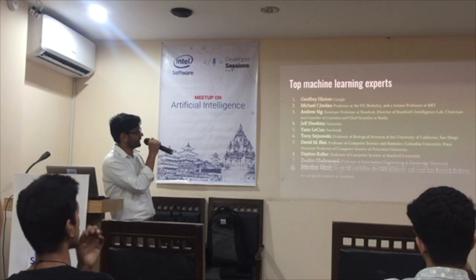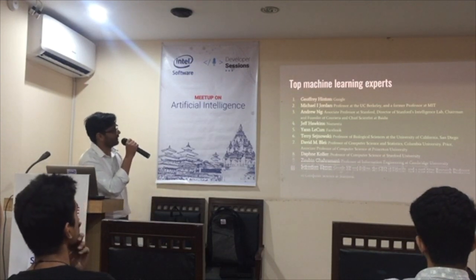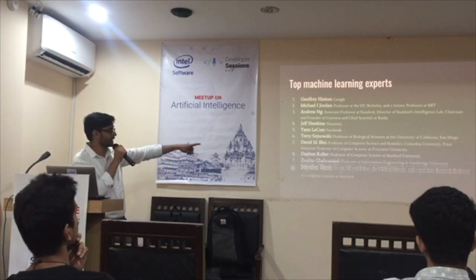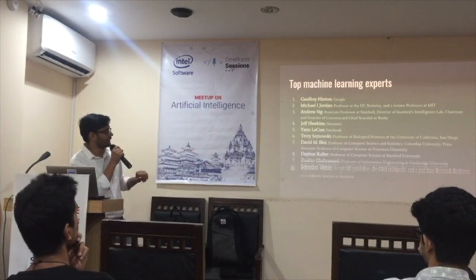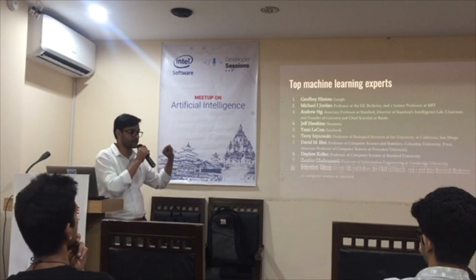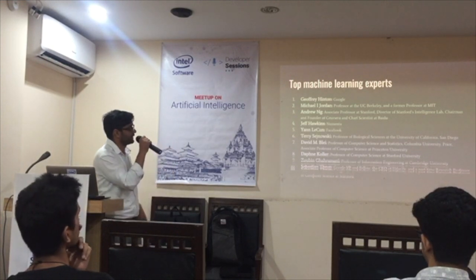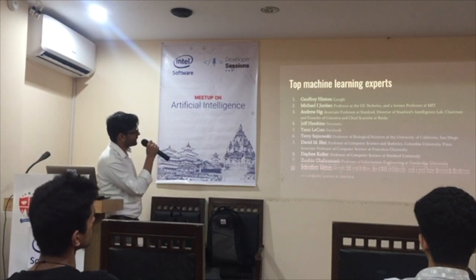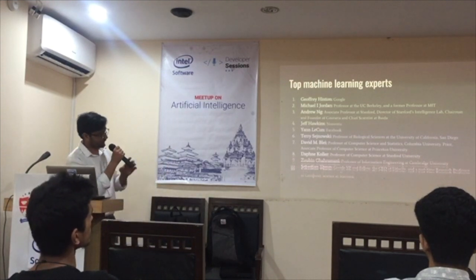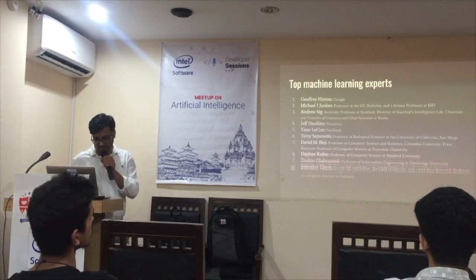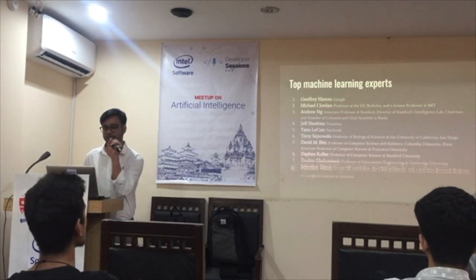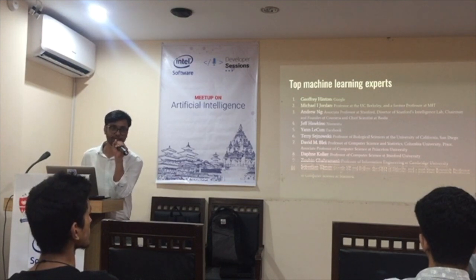And there is Jeff Hawkins, and Yann LeCun. He is at Facebook, and he started LeNet, a handwriting recognition network. He invented that. Terry Sejnowski, David Dolphy, Yoshua Bengio, and Sebastian Thrun. These are the top experts in machine learning, actually deep learning, today.